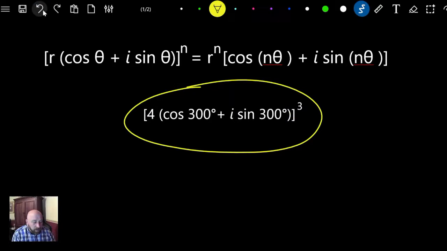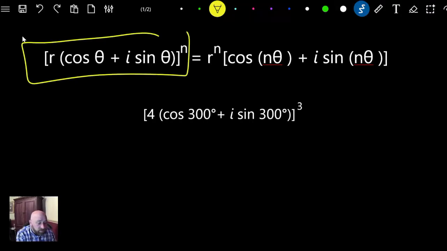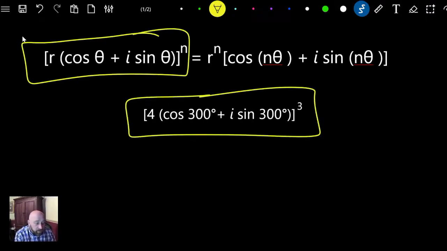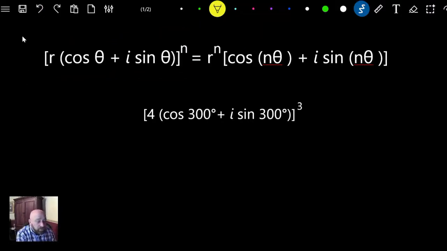So we want to find that complex number to the 3rd power. How are we going to accomplish this? Well, we're going to use this theorem. So here's the format that we have right now. That's this format right here, okay? We're going to plug this into that formula, and then we're going to solve the formula. So let's just go ahead and do it.